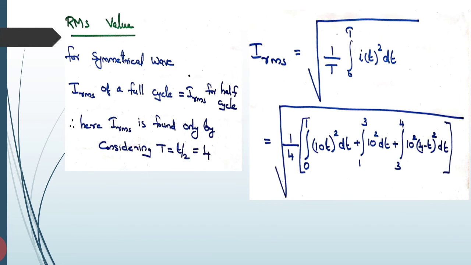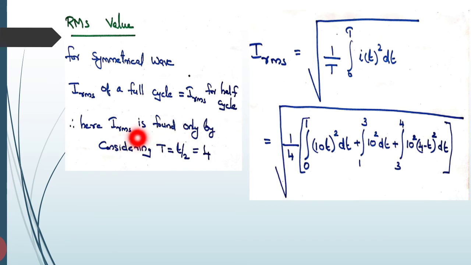Here, for a symmetrical wave, the IRMS of a full cycle equals the IRMS of a half cycle. If you are finding IRMS with time period 8 and for that much interval, the answer obtained for a full cycle will be equal to that of a half cycle for a symmetrical wave.